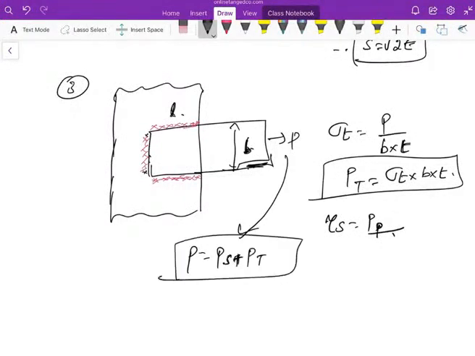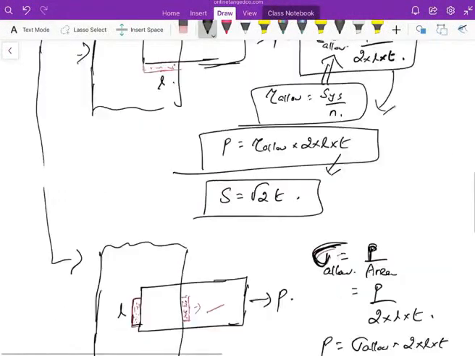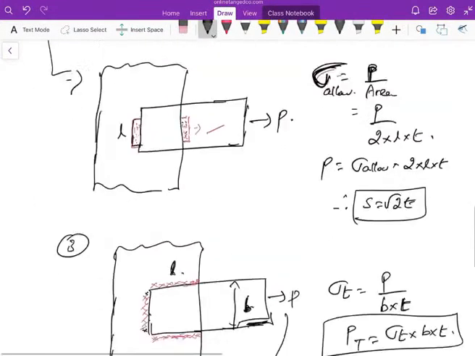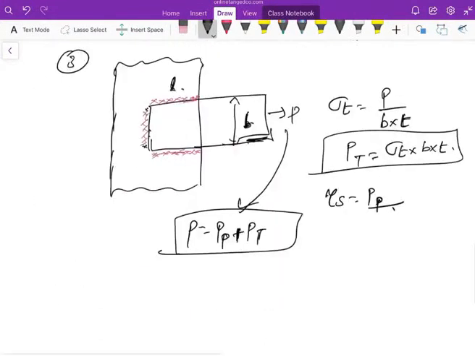PT is the load for the transverse weld, and PP is the load for the parallel weld. So this load is divided into PP plus PT.